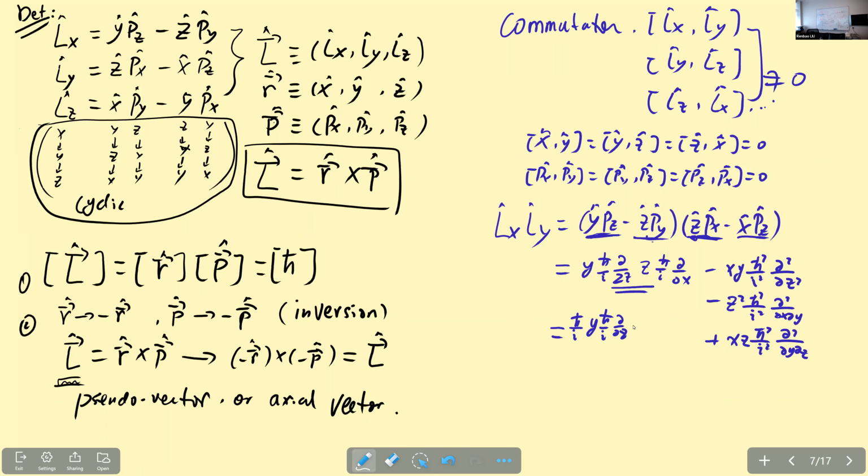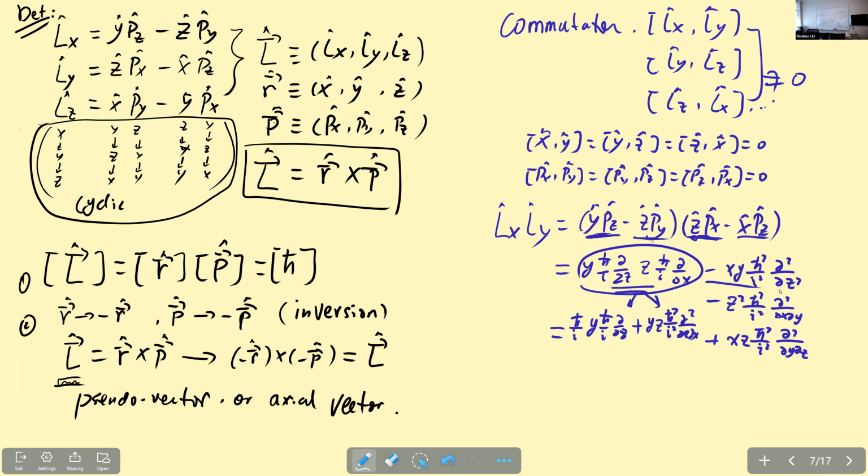And then you have the order changed, okay? So that will be yz h bar squared I squared partial z partial x, okay? So this term will lead to 2 terms, okay?